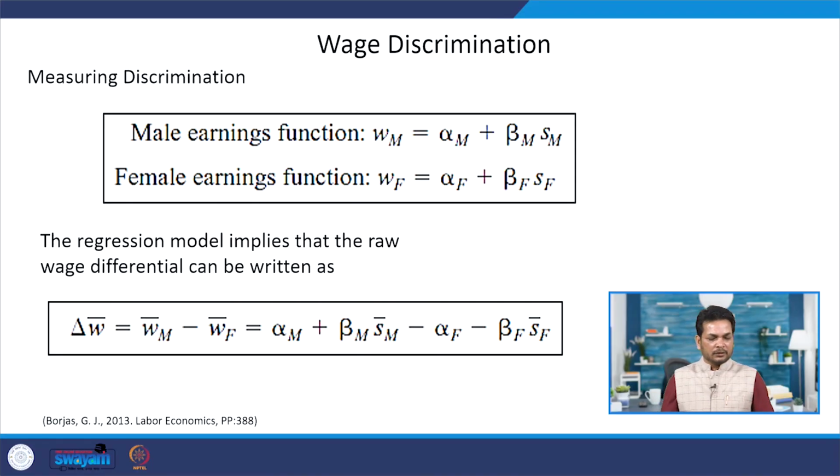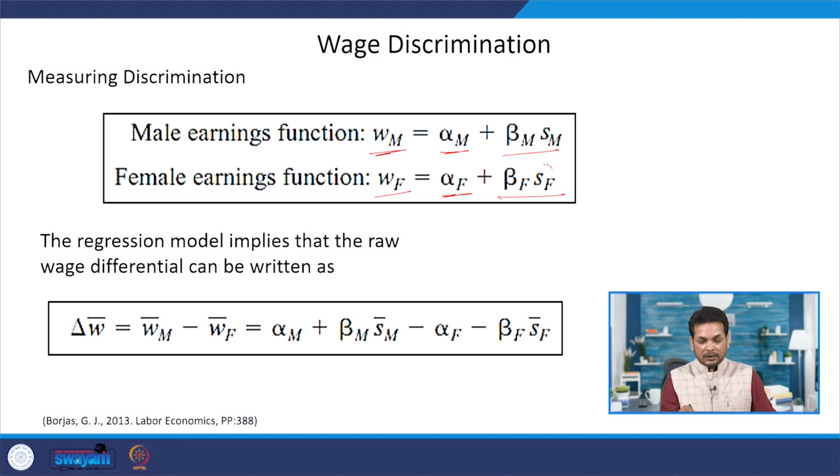So, the earning function for each of these two groups we can write as follows: the wage for the male equals alpha m, the constant, plus beta m Sm. Similarly, the earning function for female is Wf equals alpha f plus beta f Sf.